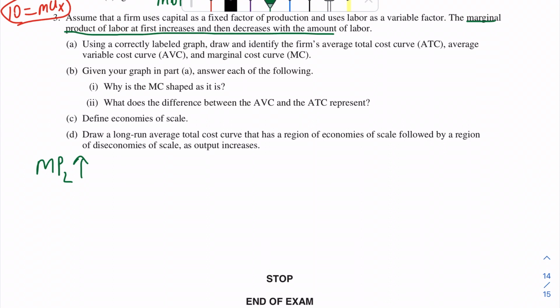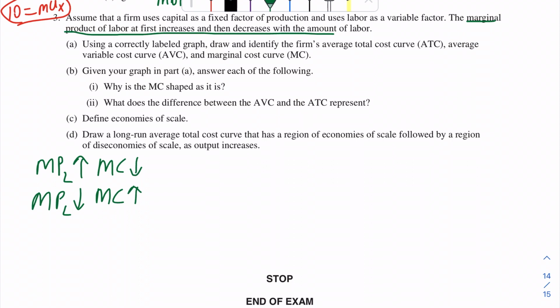Think about it. You're more productive, so you can make more t-shirts in 1 hour. You're able to make more stuff. Your cost goes down, so marginal cost will go down. And then if marginal product goes down, you're making less output, so marginal cost is going to go up.